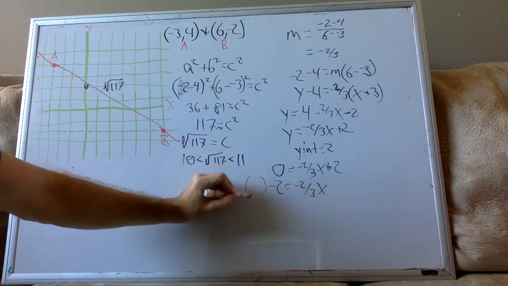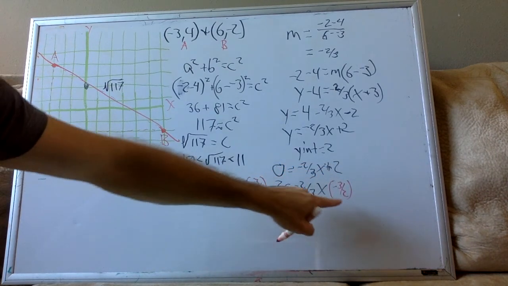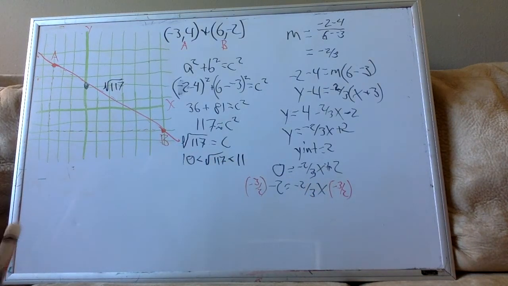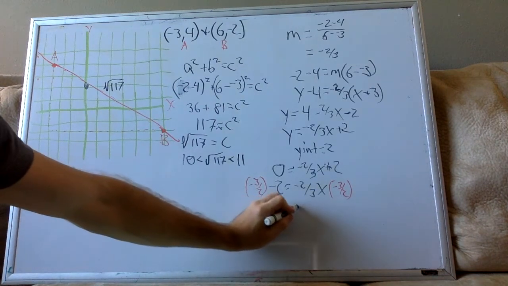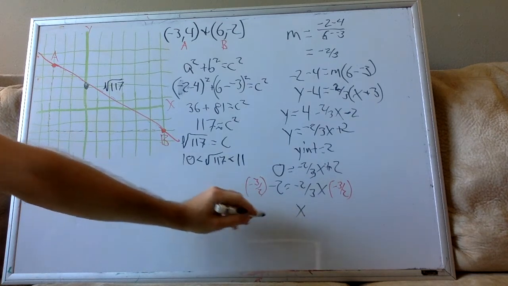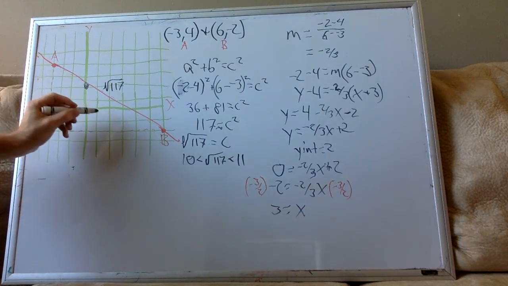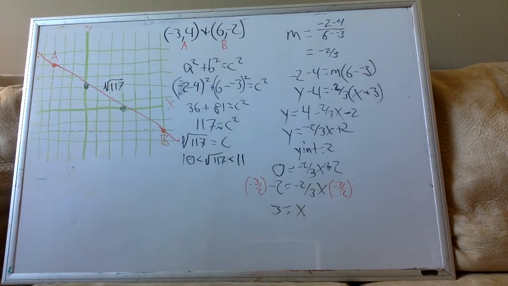So I'm going to multiply both sides by negative 3/2. And what that does is eliminate this by making it 1. So we have 1x, which is just x. And then our negatives cancel, our 2's cancel, and so we get 3. So we also have a point here at 3, 0. That's our x-intercept.